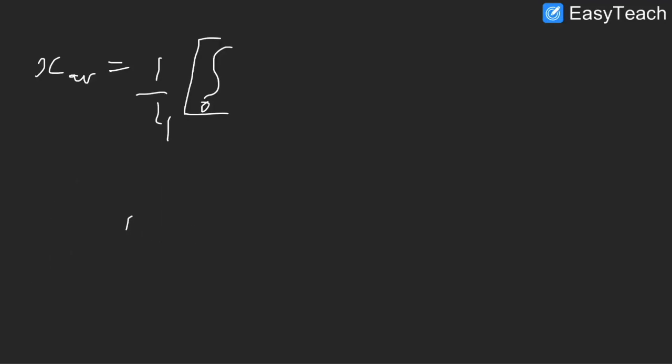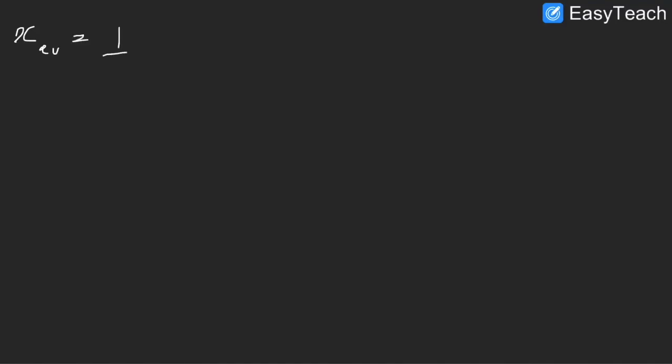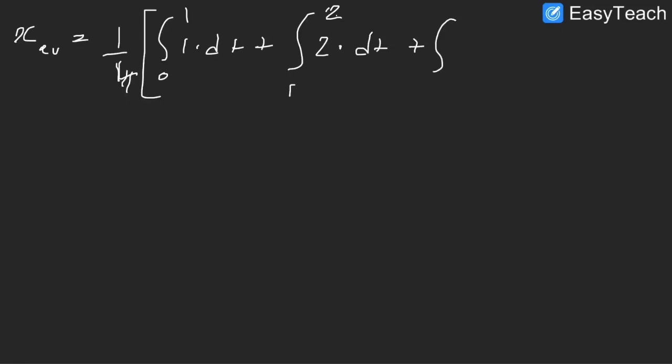Let's do that for all of these signals. I'm going to rewrite this signal here again. So the average value was 1 over 4 times the integral from 0 to 1 of dt, plus 1 to 2, that was 2 times dt, plus 2 to 3, that was 1 times dt, plus 3 to 4, 0 times dt.